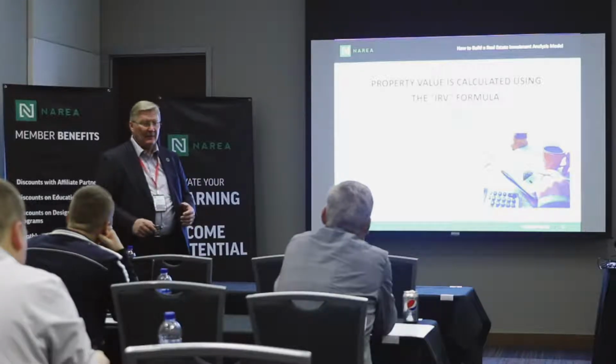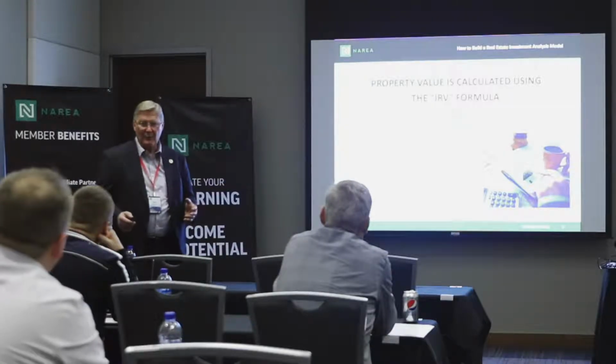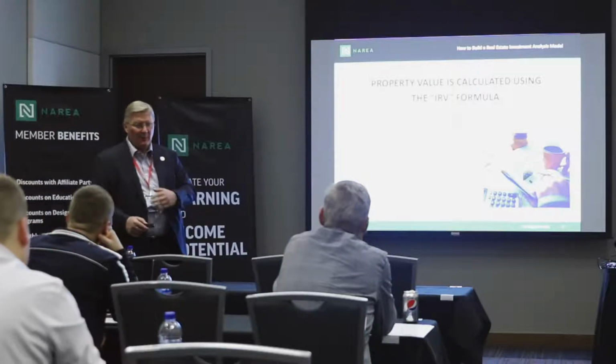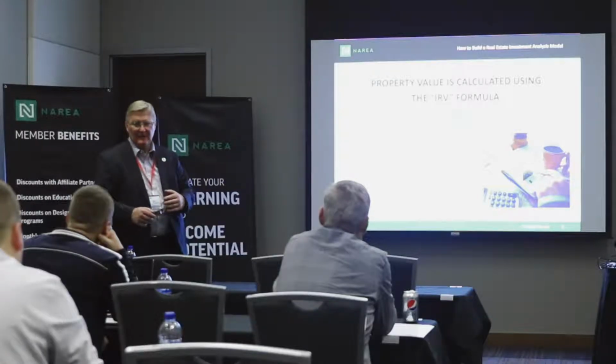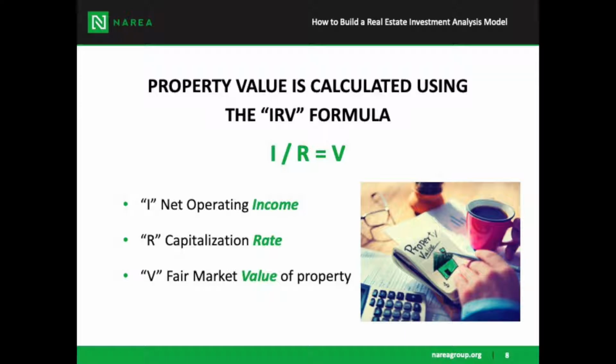Then you start getting into more risky type properties. A hotel, you can have a cap rate of 8, 9, or 10. A lot of times people will just throw out an 8 cap as their go-to rule of thumb rate to kind of get a sense of where they are.